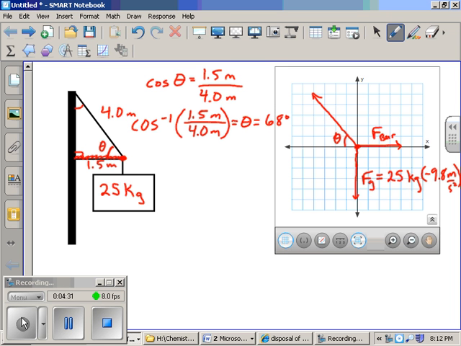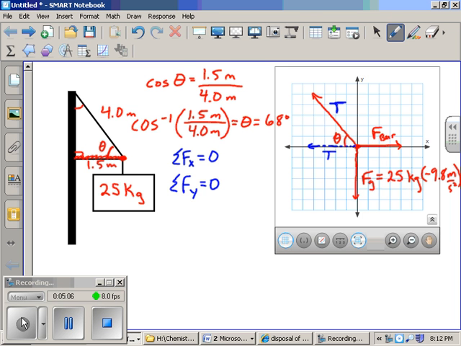Now let's go back to our free body diagram and inspect it a little bit. We know that this object is in equilibrium because it's not moving. So therefore, the sum of the forces in the x direction has to equal 0, and the sum of the forces in the y direction has to equal 0. Well, we have a force here in the y direction, Fg, and a force here in the x direction, F bar. But then we have a force that's in neither dimension 100%. The tension in the wire.